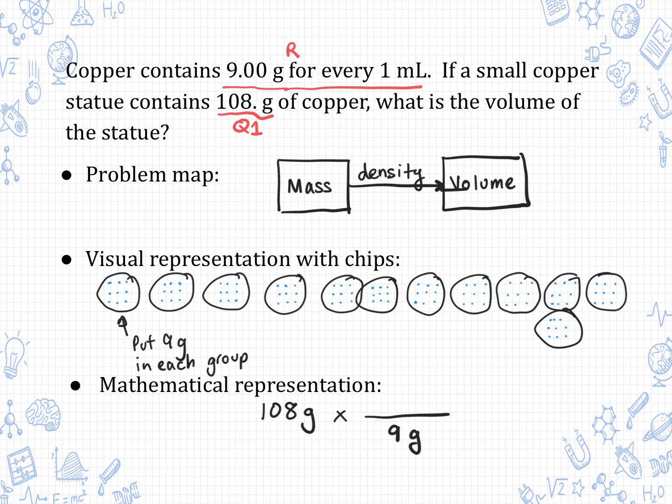I'm dividing this time because there were 9 grams in every 1 milliliter. So I really have 108 divided by 9, which is 12 times as much as 1 unit. So my answer, I have 12 milliliters. And the answer I got mathematically is very similar to the answer I got with my visual representation. So you can use both pictures and mathematics to solve these problems.